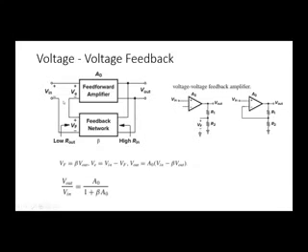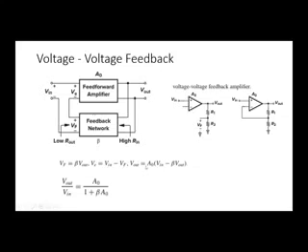We can therefore write that here A naught is the amplifier gain and beta is the feedback network gain, where Vf is the output of the feedback network and Ve is the error signal, that is the difference of input voltage and feedback voltage.